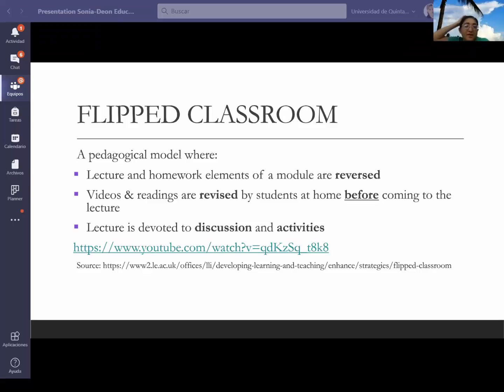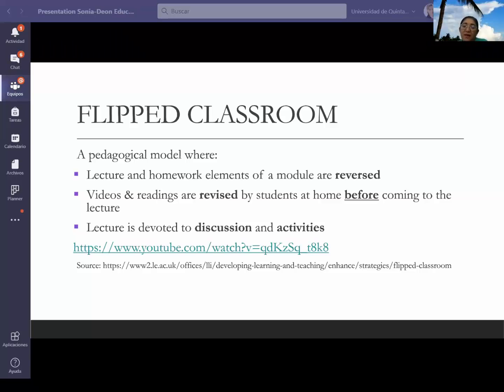Yes, that's true. It happens, no? And there was something there that they said that if it doesn't work, you need to come up with certain strategies. But also, we need to make the students conscious that it is part of their responsibility to do the homework and to do the readings and to watch the videos. We need to be really strict on that.